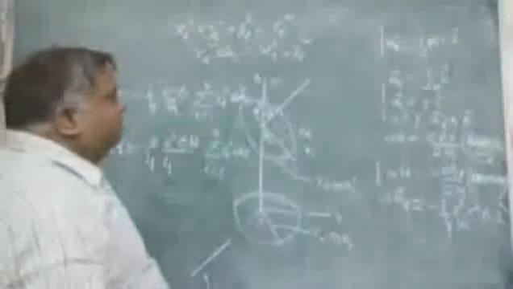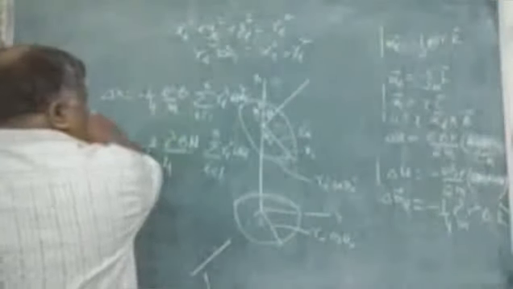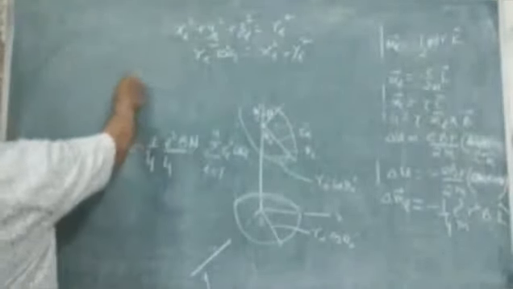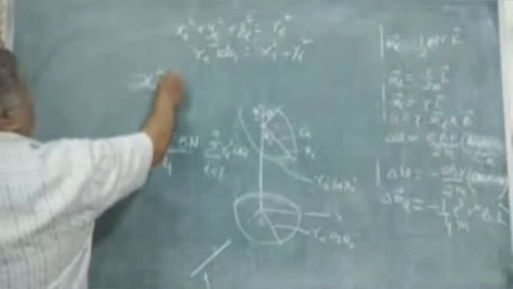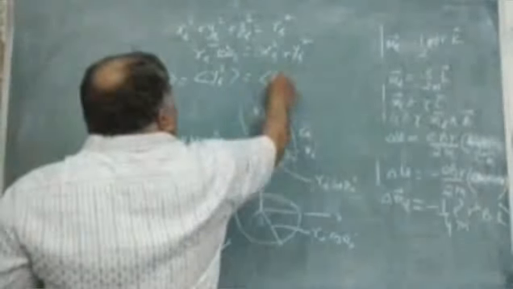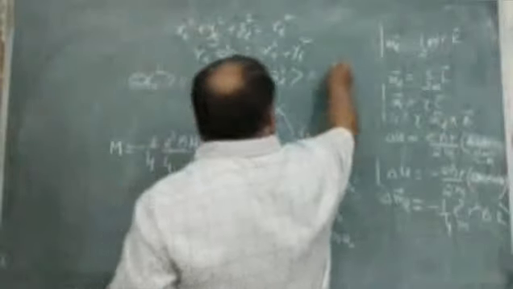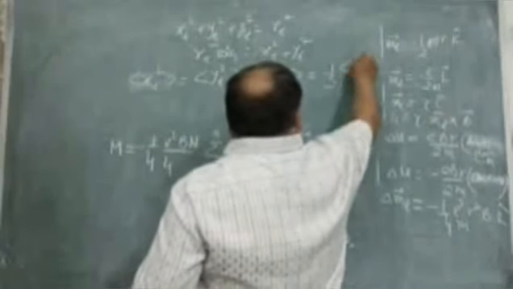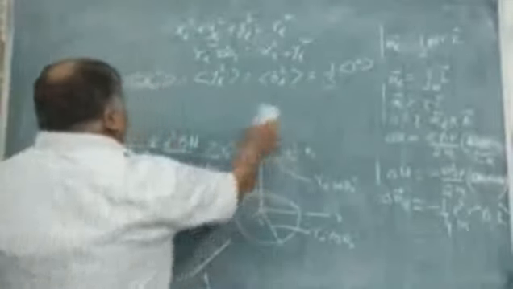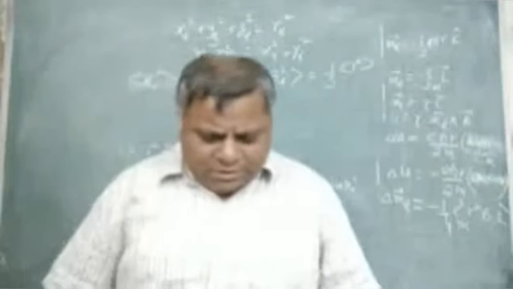Now, suppose the atom is spherically symmetric, then the average value of xi square, average value of yi square, and zi square are all equal and are equal to 1 upon 3 Ri square, the average radius of the orbit.